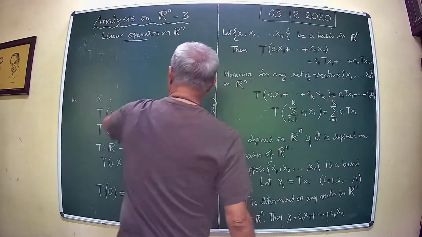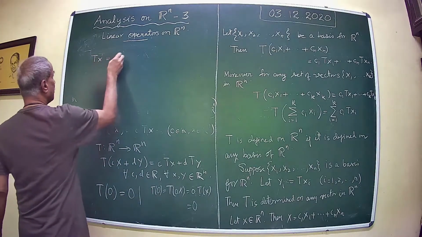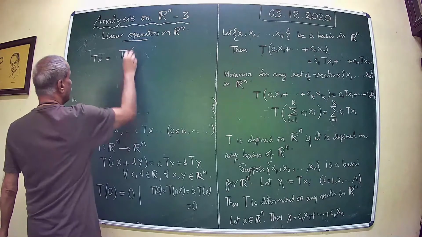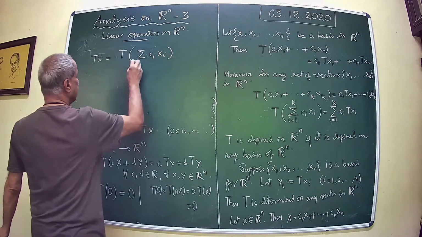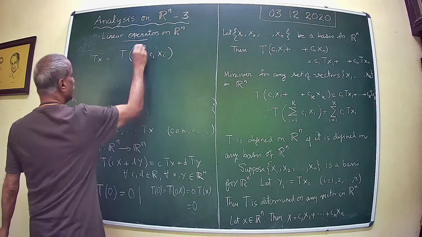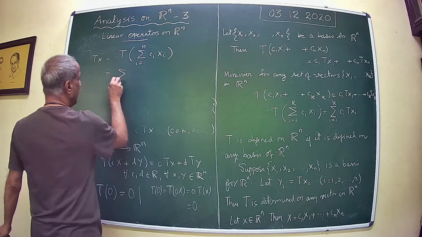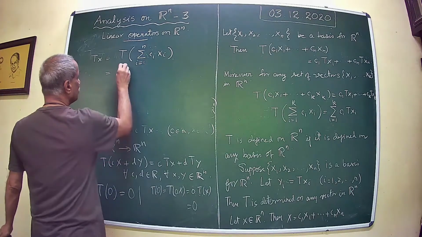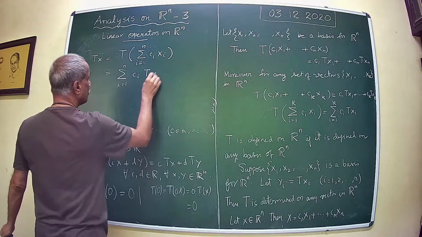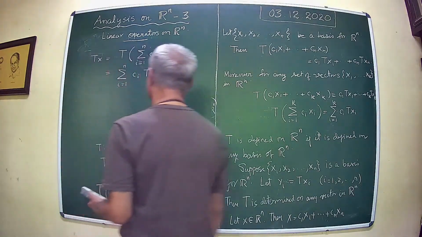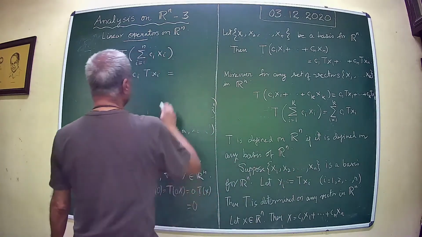Now you see that Tx is then T of the sum of ci xi, which is equal to the sum of ci T xi, which is equal to, by our designation, the sum of ci yi, defining T xi.